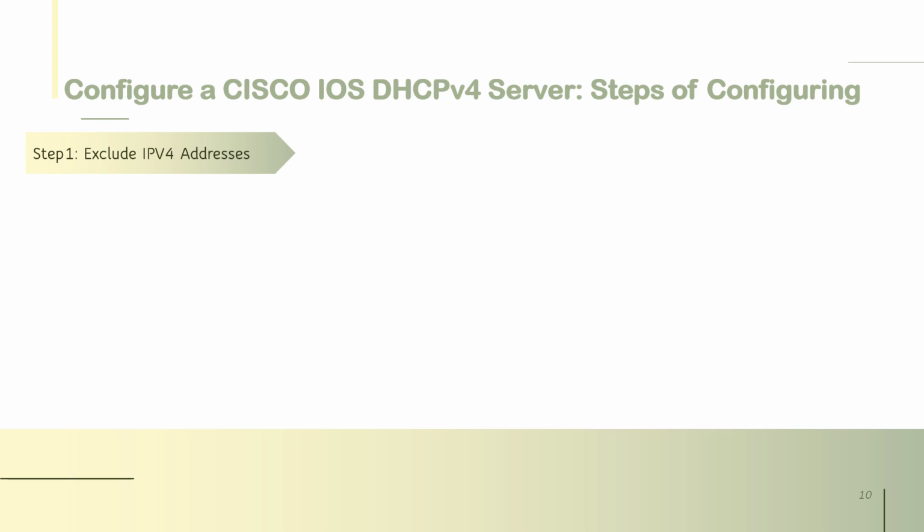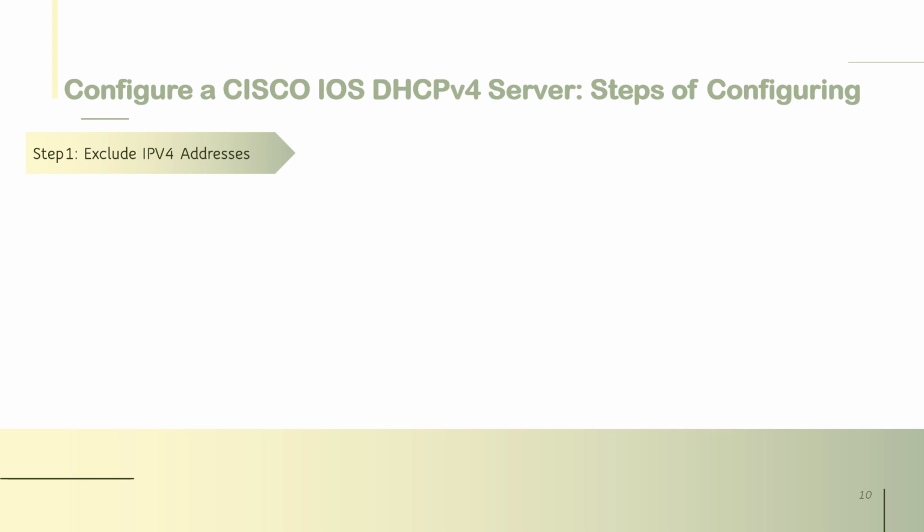The router functioning as the DHCP version 4 server assigns all IPv4 addresses in a DHCP version 4 address pool unless it is configured to exclude specific addresses. Typically, some IPv4 addresses in a pool are assigned to network devices that require static address assignment. Therefore, those IPv4 addresses should not be assigned to other devices.